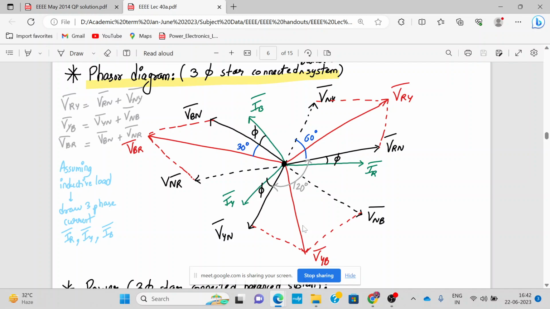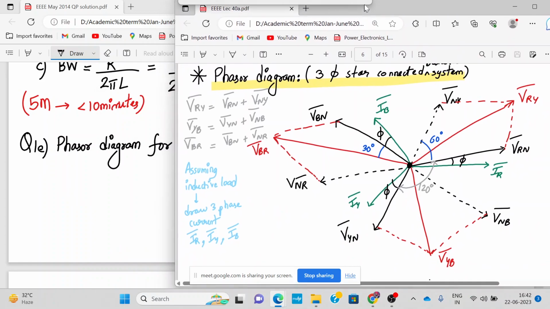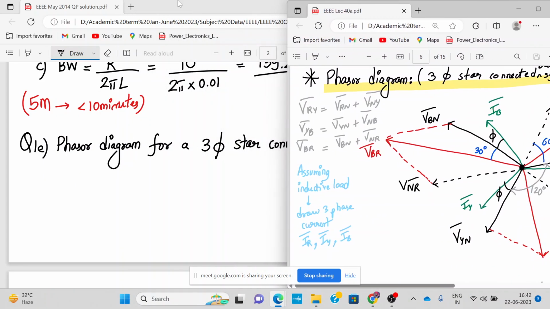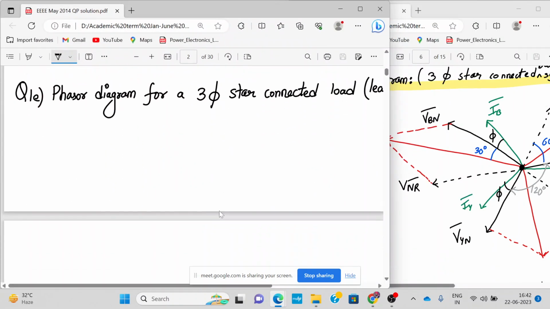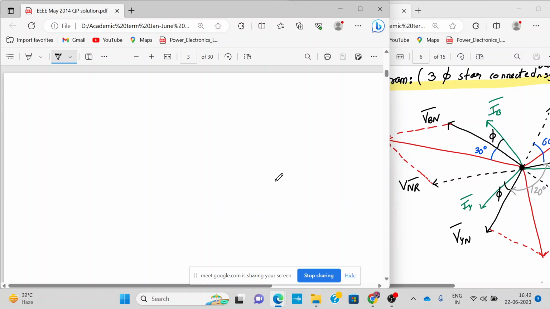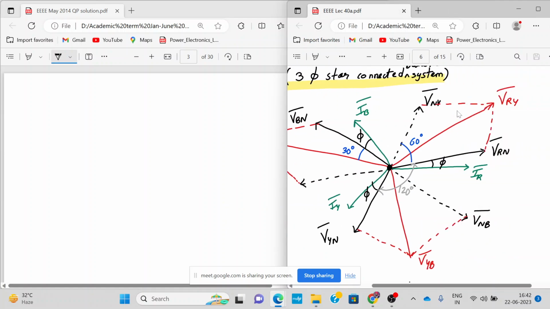This is not so hard at all. Let me keep it here as it is, and let's try to draw it. I'll not show the complete thing, but I'll at least get you started on how it has been done.